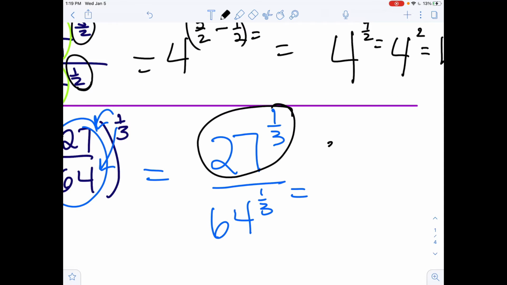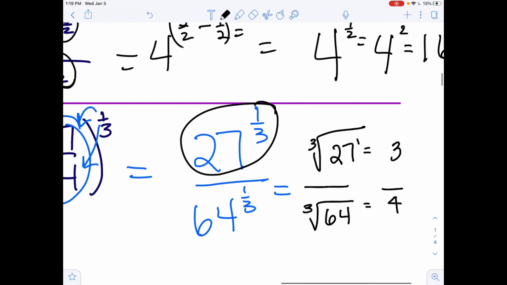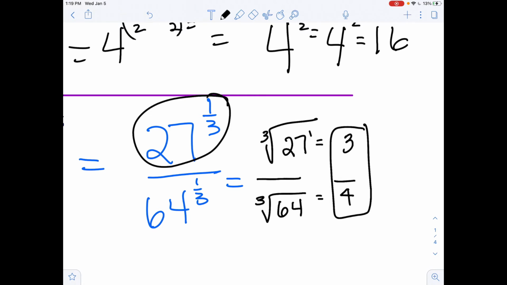We know this is going to be a 3 on the index of 27 to the 1. Well, the third root of 27, if you look at your list, is just 3, not a plus or minus, just a 3. And the third root of 64 to the 1, or just 64, is 4. So we're left with 3 over 4.